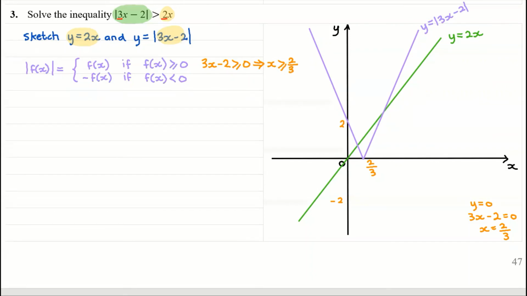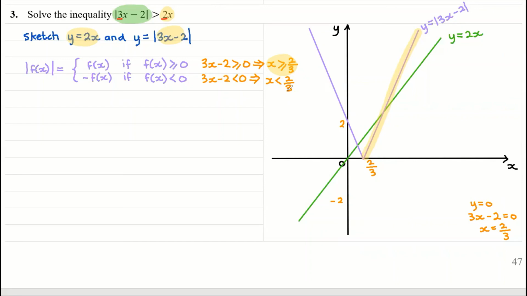It's when the graph is above the x-axis, and it's true when all the x values are greater than or equal to 2/3. And similarly, if I apply the same rationale for the negative branch, it's when 3x subtract 2 is less than 0. So that's when x is strictly less than 2/3. Okay, so that covers the entire real line, doesn't it?